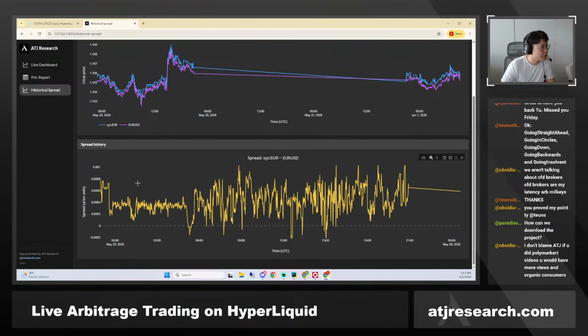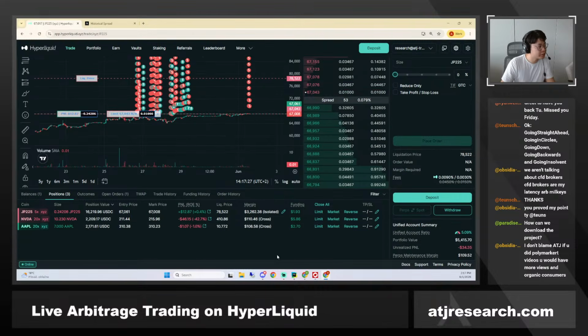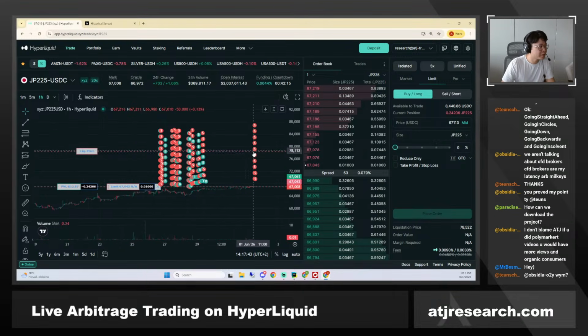So with Euro USD, you could sell at 0.006, buy at close to zero, over and over again. These are two types of approaches. Funding rate arbitrages, when they're extremely high, are much more profitable, but they come once in a while. So they're special treats from time to time.